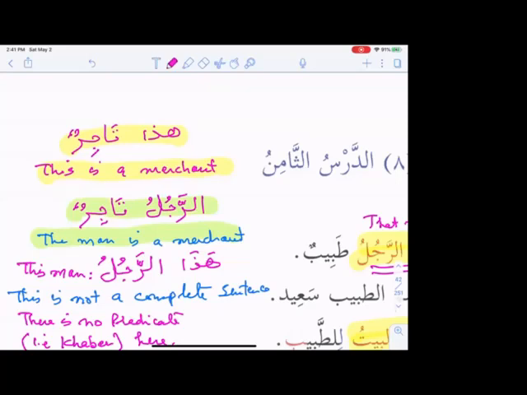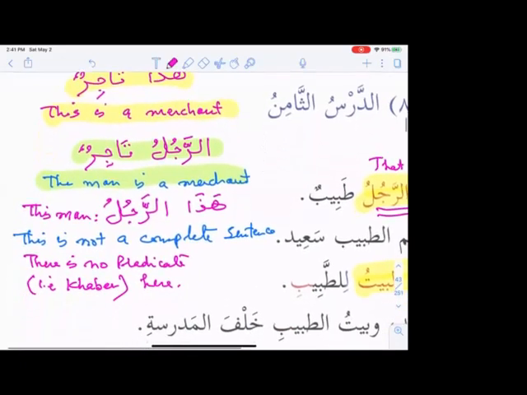Tajirun is the khabar, predicate. Good. And then Ar-Rajulu Tajirun. This is also a Jumla Ismiya. What is Ar-Rajulu? It is Mubtada, subject. What is Tajirun? It's a khabar.